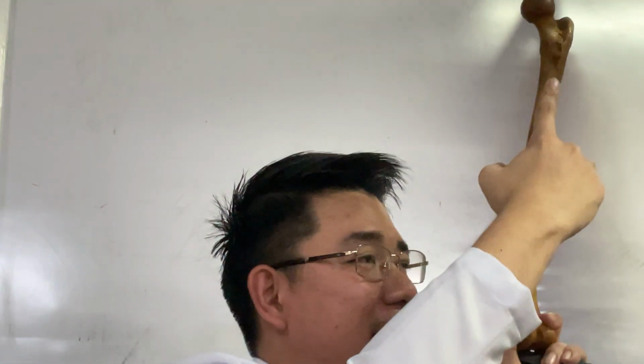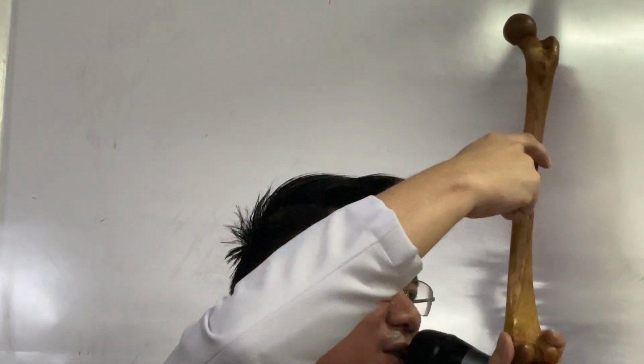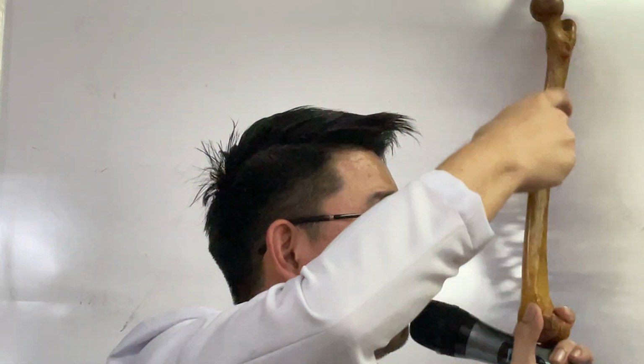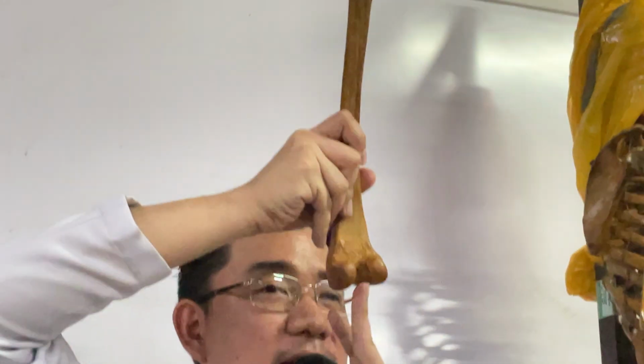This very big line. What is this called? Linea aspera. Okay? This is known as the linea aspera. And then here in the lowest portion, you have two condyles.